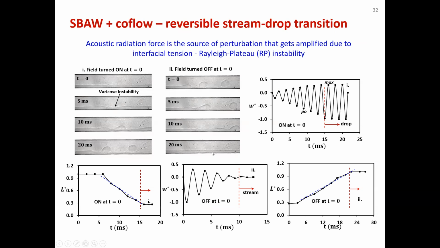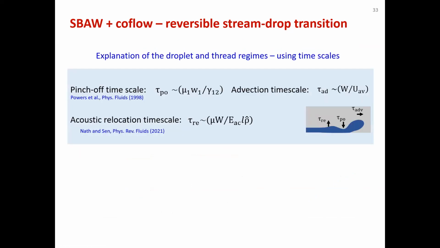Then finally, the co-flow reemerges, and the length of the stream becomes stable as the co-flow length. So we tried to characterize this in terms of the pinch-off timescale, how fast the neck of the jet is pinched, and the relocation timescale and the advection timescale.